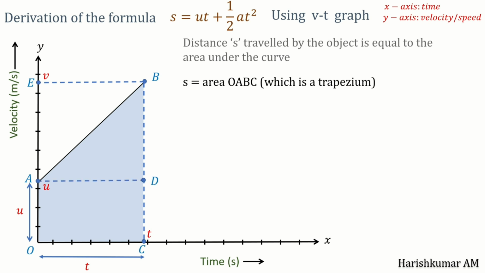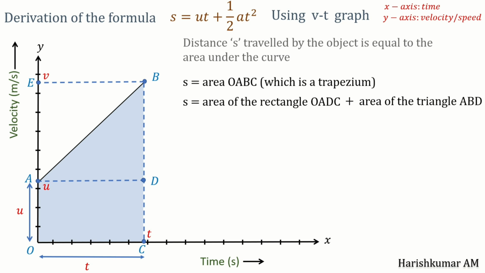Let's have some construction part here. The line AD divides the trapezium into a rectangle and a triangle. So, area of the rectangle plus the area of the triangle.